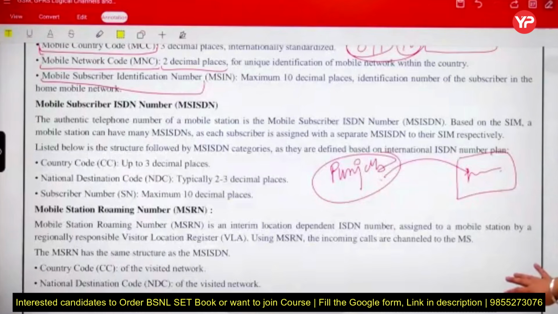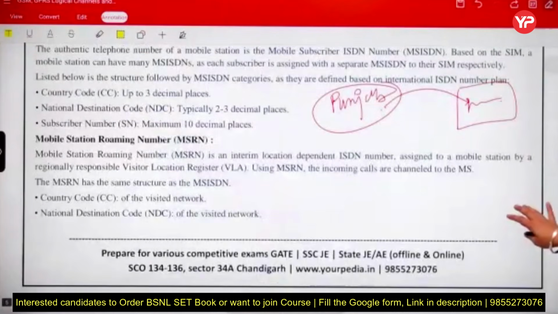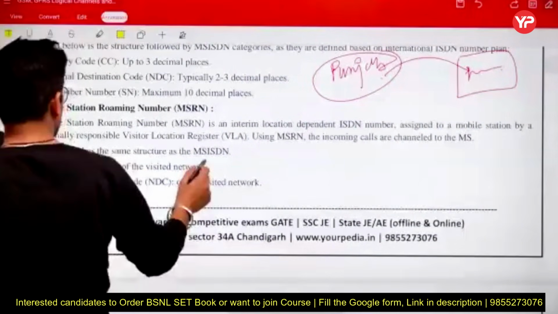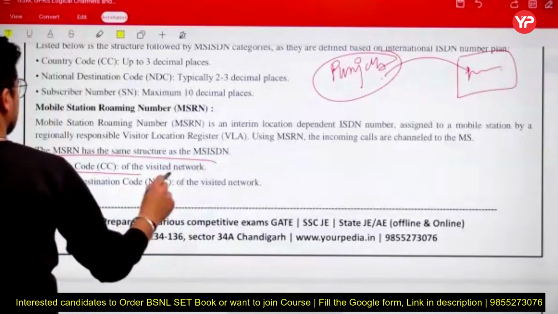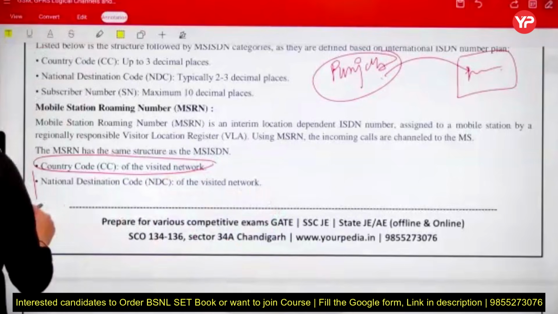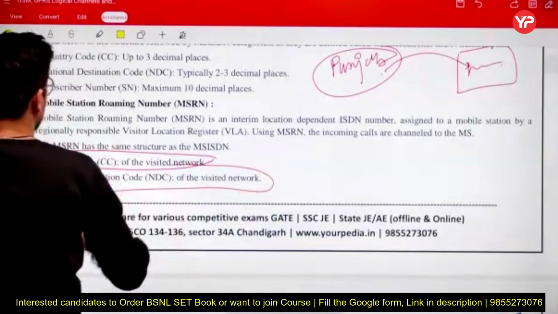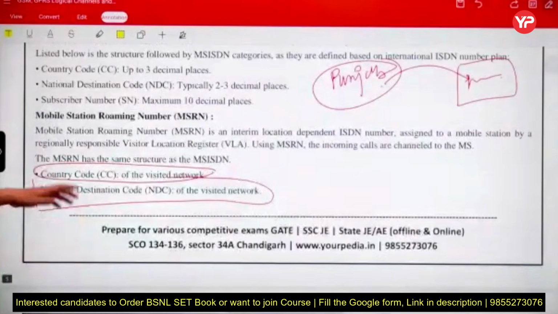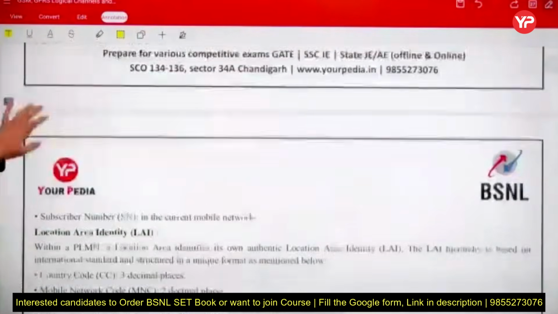So that mobile station roaming number is different. In that case, we have the country code of the visited network and the national destination code for the visited network, the one you are visiting. That is the other case which we use whenever you are in a roaming network, right?